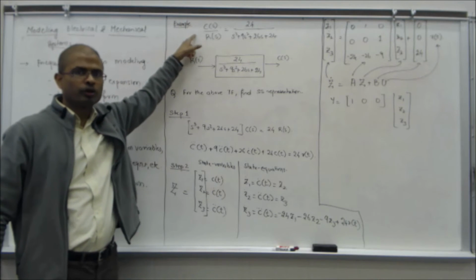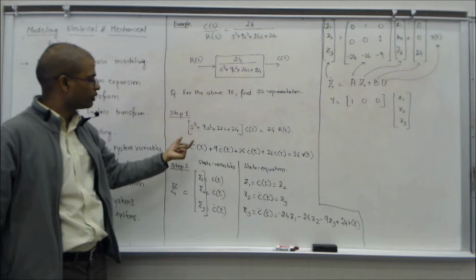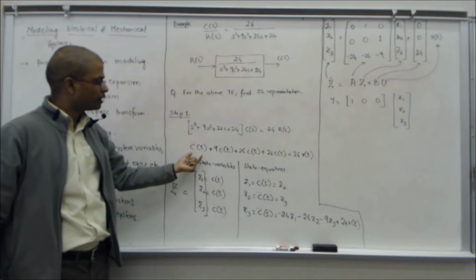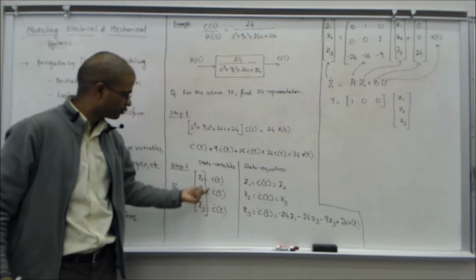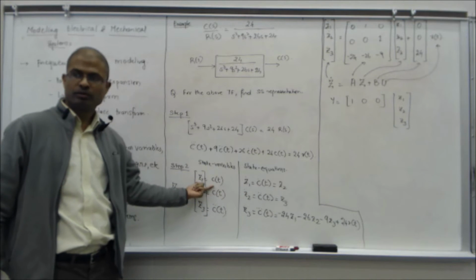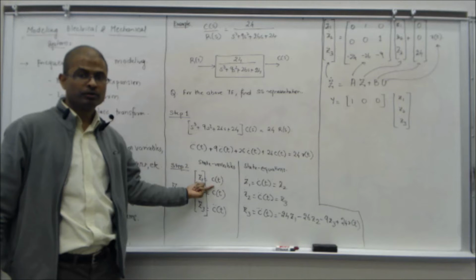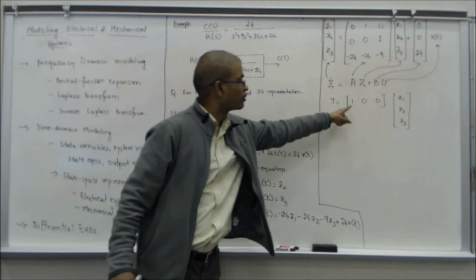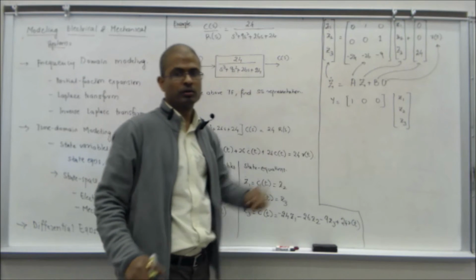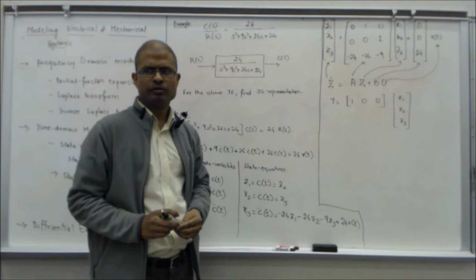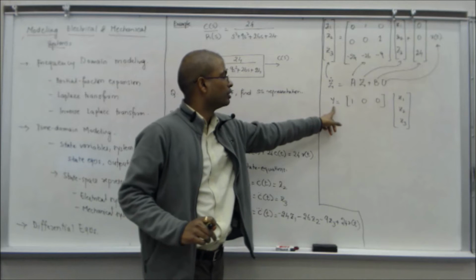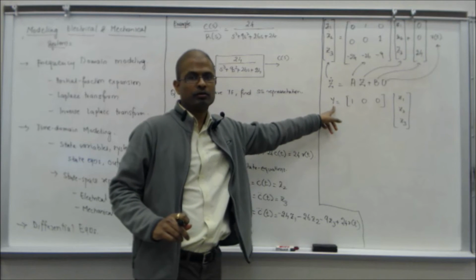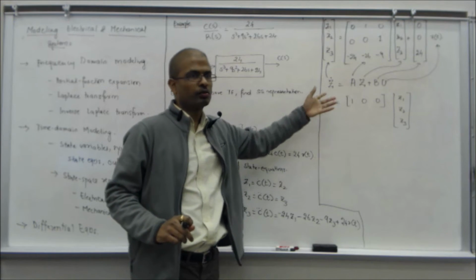Because it's output over input. And what is C of S? C of S is essentially this. This is the uppercase Y. So this remains Y.